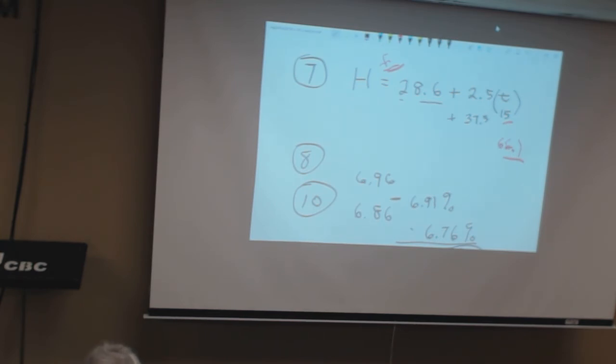What were the police and fire expenses in 1990? It's kind of tough, isn't it? Making estimates. Anybody want to guess? 53. Anybody else have a guess? 52.